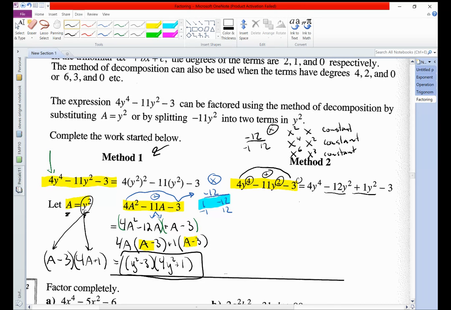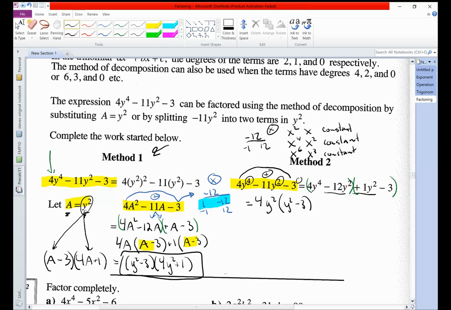And now we can do our grouping. So we group 4y to the power of 4 minus 12y squared and positive 1y squared minus 3. And we're going to factor out the greatest common factor that we can. So in the first bracket, I can factor out a 4y squared. And what I'm left with is y squared minus 3.